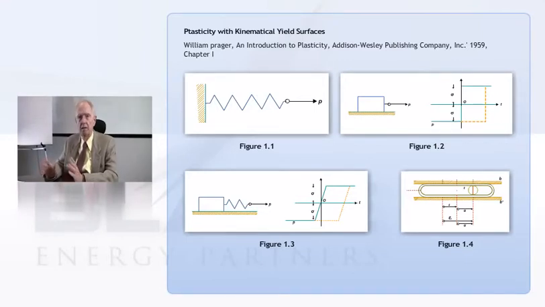I can take a little piece of steel, I can measure Young's modulus, Poisson's ratio, get the elastic properties. I can measure yield point, get the plastic properties. I can take a sample twice as big, and the properties don't change.